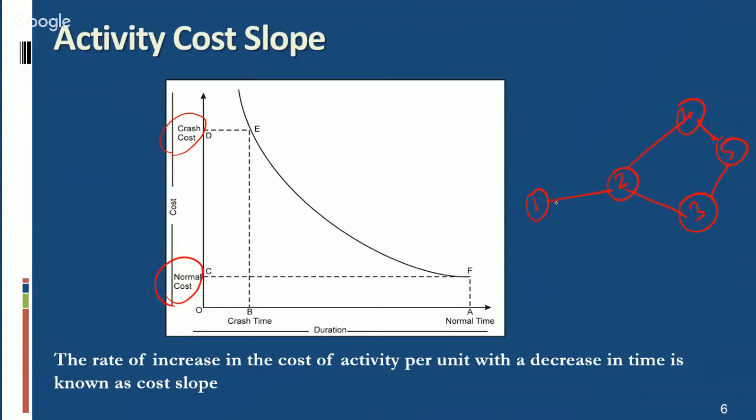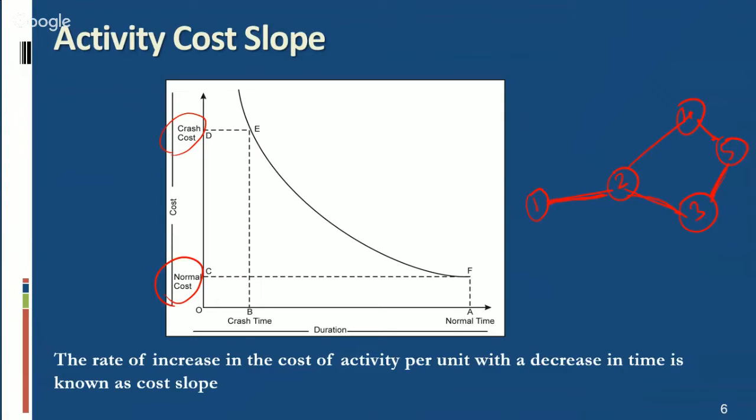After doing the critical path, we have identified that activities 1-2, 2-3, and 3-5 are the critical path. As we know, the critical path is the longest period that is to be incurred to complete a project.